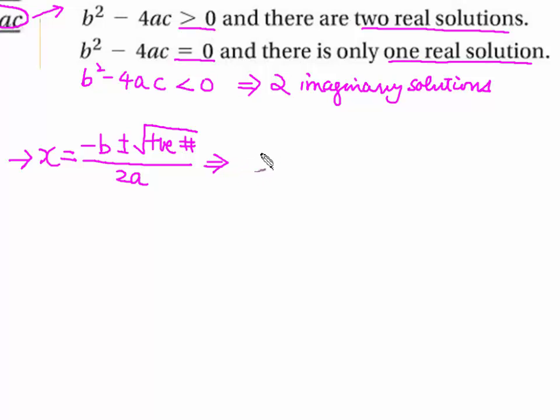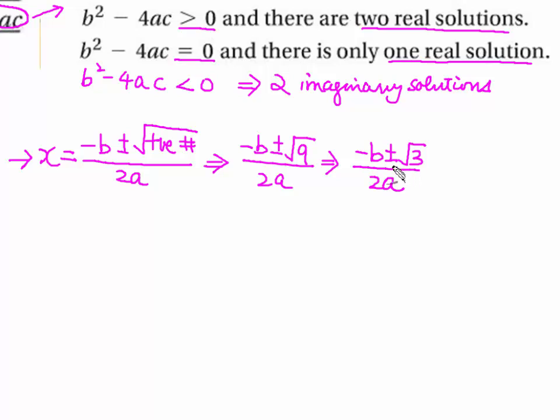So for example, if we take the square root of 9 and we simplify that, we're going to have negative b plus and minus the square root of 3 over 2a. We don't care about b and a right now because they are also real numbers.